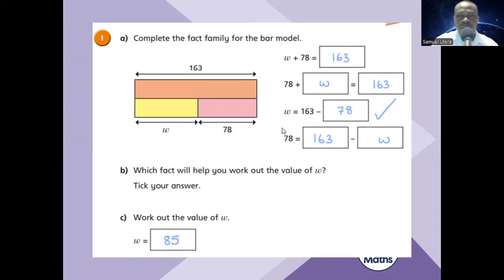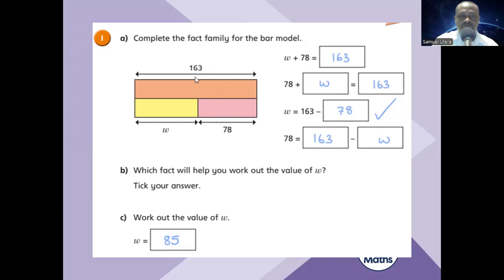And then here, you're being asked which one of the fact family will help you find W. It is obviously this one. Because remember, if you are after this bit here, you need to think about slicing that bit off so that it goes away.